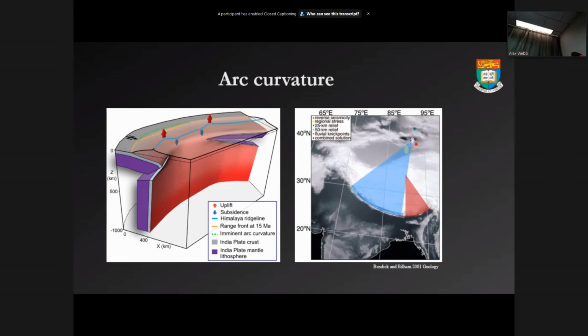The slab wants to fall, so the trench wants to go towards the downgoing plate. If the slab is not attached, the motivation for trench retreat is largely gone. So this part of the arc doesn't want to move, and this part wants to move that way. So then this area right here twists.